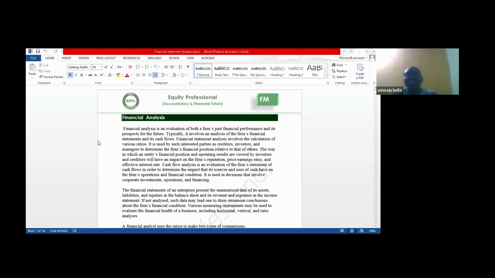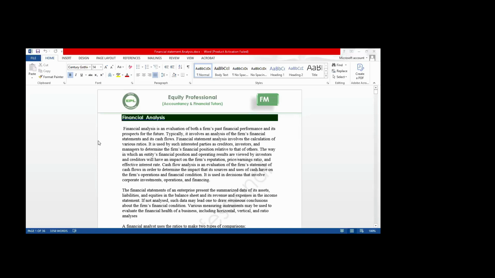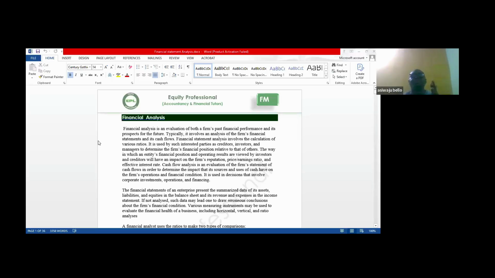To carry out this analysis, you can use vertical analysis method. The purpose of this analysis is to determine the past financial performance of a company and to project the company's future financial prospects.